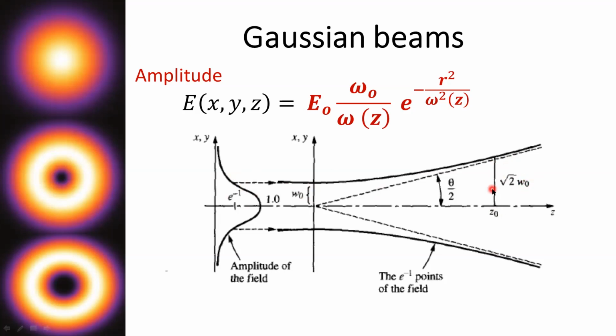That simply means that when you move in the direction of the propagation, the amplitude of the peak signal decreases from E node to E node over root 2, and the width of the signal increases from omega node to root 2 omega node. This is simply this shape, my dear students.